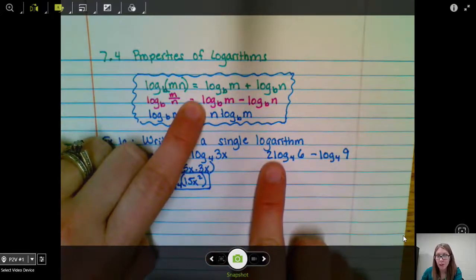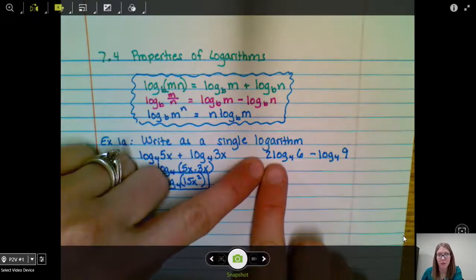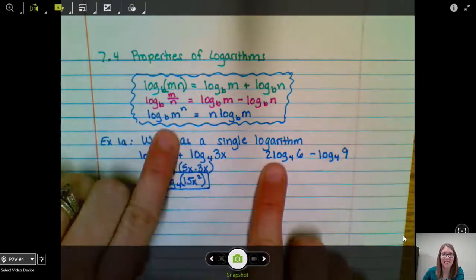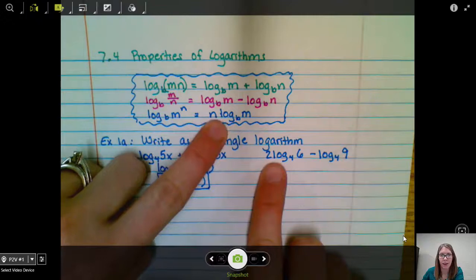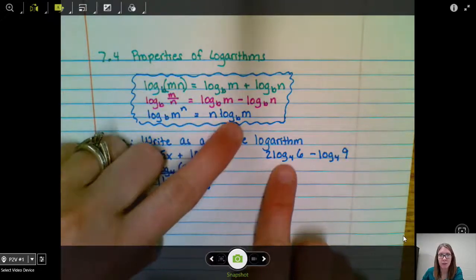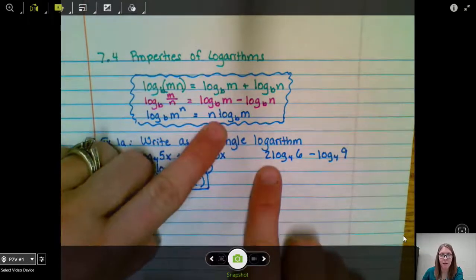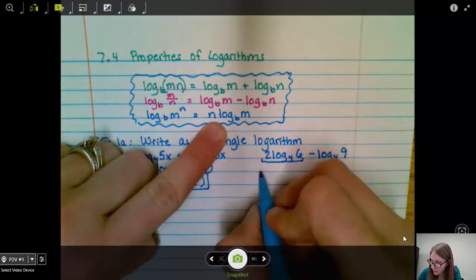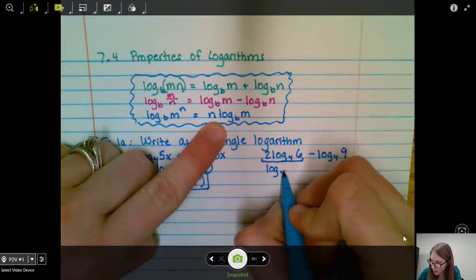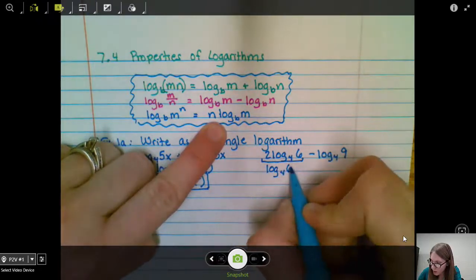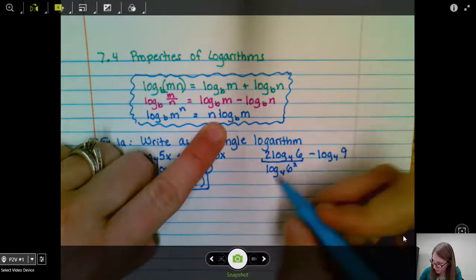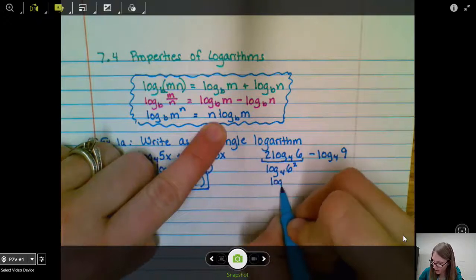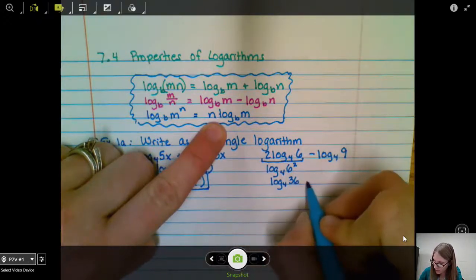So the very first thing that I have to do is get rid of this number in front, which uses our bottom property here. Where I have a number in front times my log, that number in front is really the exponent. So this bottom piece means really the log base 4 of 6 to the second power, which is the log base 4 of 36.